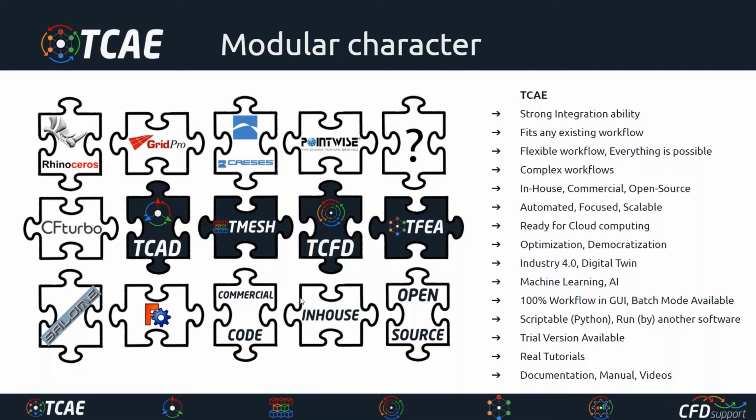So in a typical enterprise, the engineers usually have some existing workflow already, and TCAE is capable of fitting into it no matter what design tool, what CAD tool, or what meshing system is used. TCAE is still here to do the simulation and deliver the results for the user's judgment, and the user can decide what to do next.